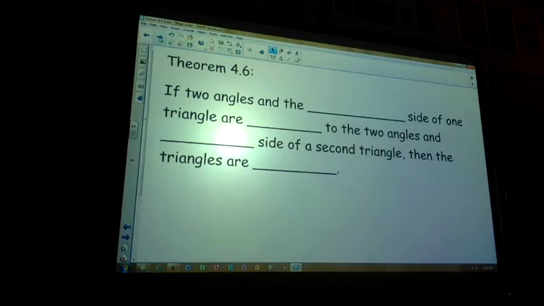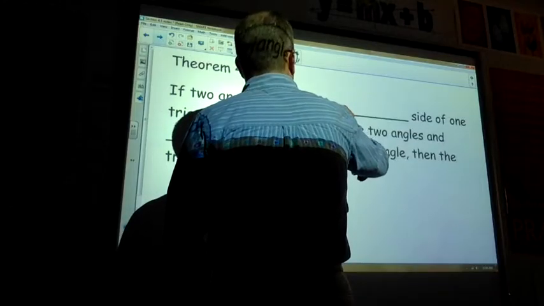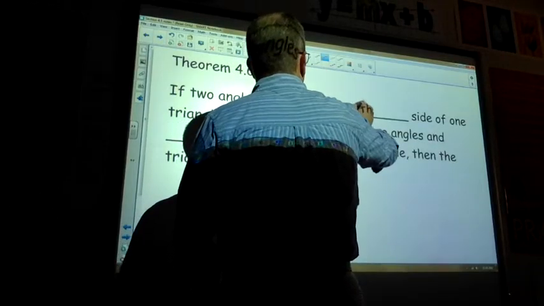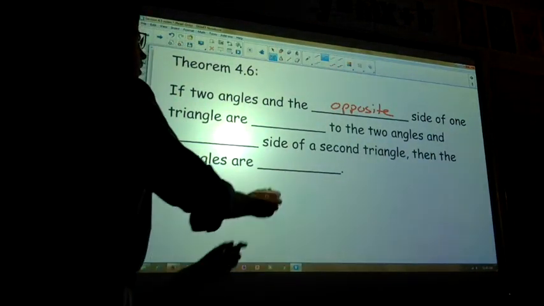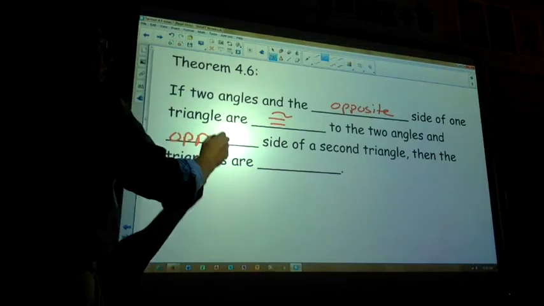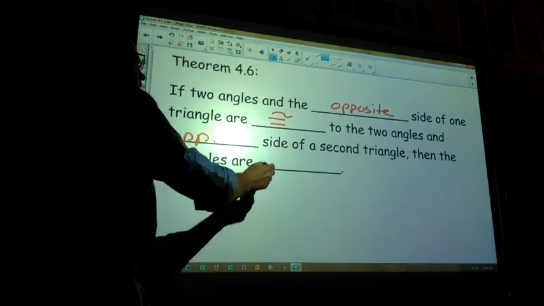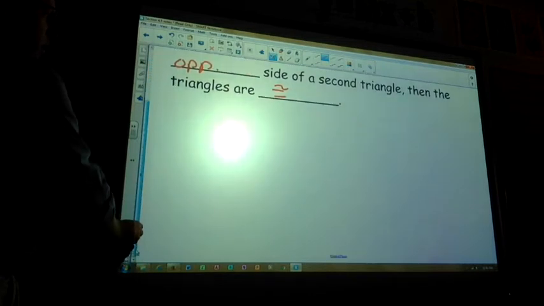But all right, if two angles and the opposite side of one triangle are congruent to two angles and the opposite side of a second triangle, then the triangles are congruent. And this one, I don't see it. Where's my stuff?